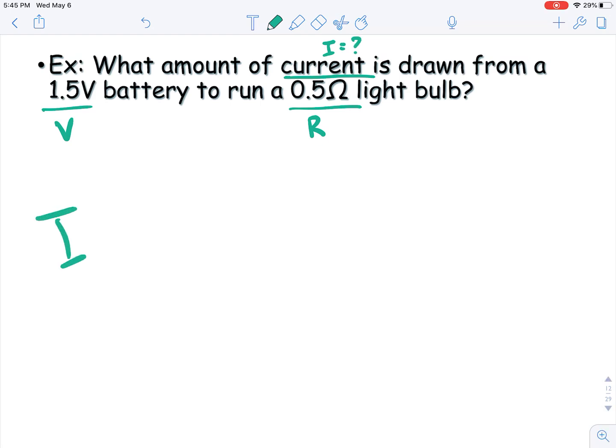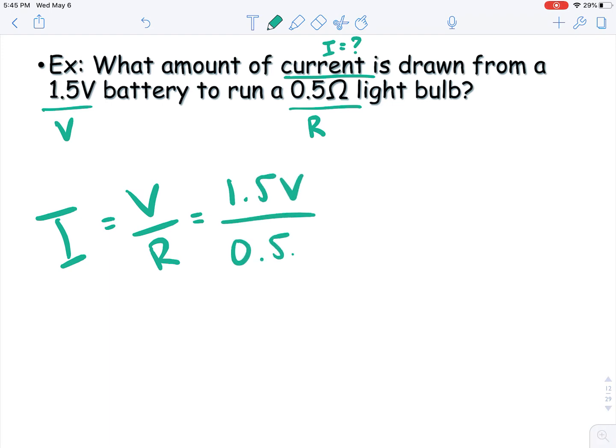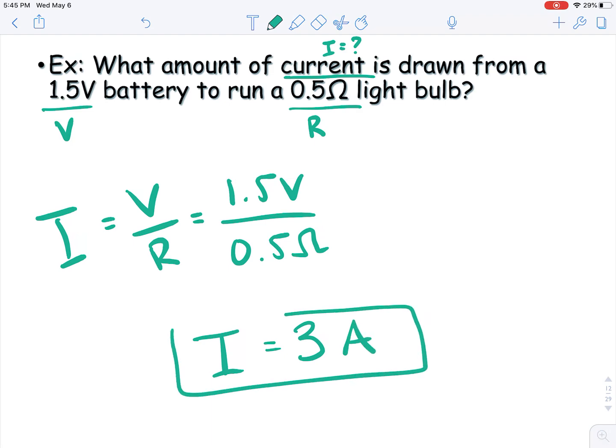So lucky me, I just learned Ohm's law. I can plug everything into this equation. Voltage is 1.5 volts, and resistance is 0.5 ohms. If I type that into a calculator, I get current is about 3 amps.